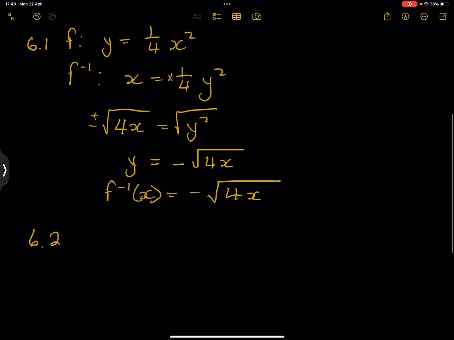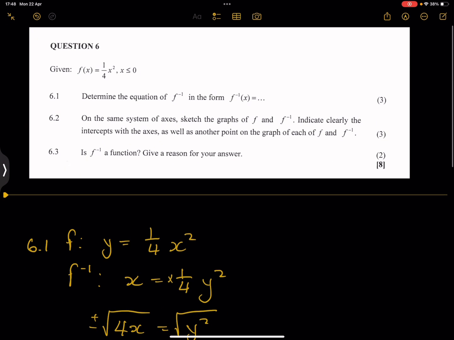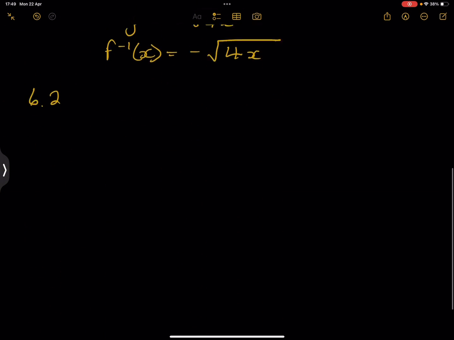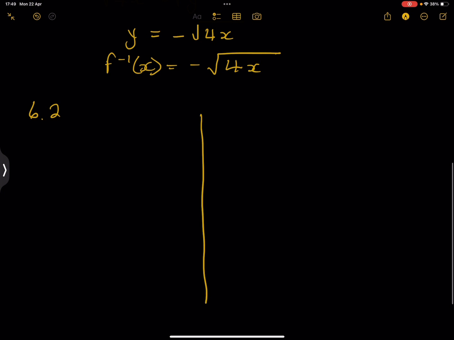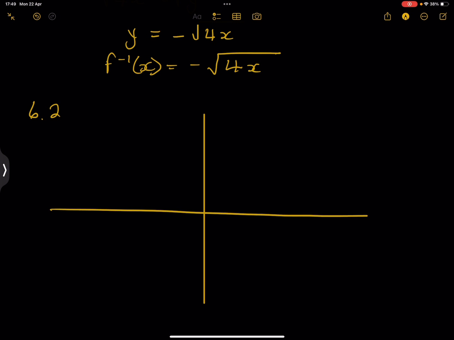So the next question, they say to us on the same set of axes, sketch the graphs of f and the inverse, indicating clearly the intercepts with the axes, as well as another point on the graph of each. So what would the graph of f look like? I'm going to choose any random point.